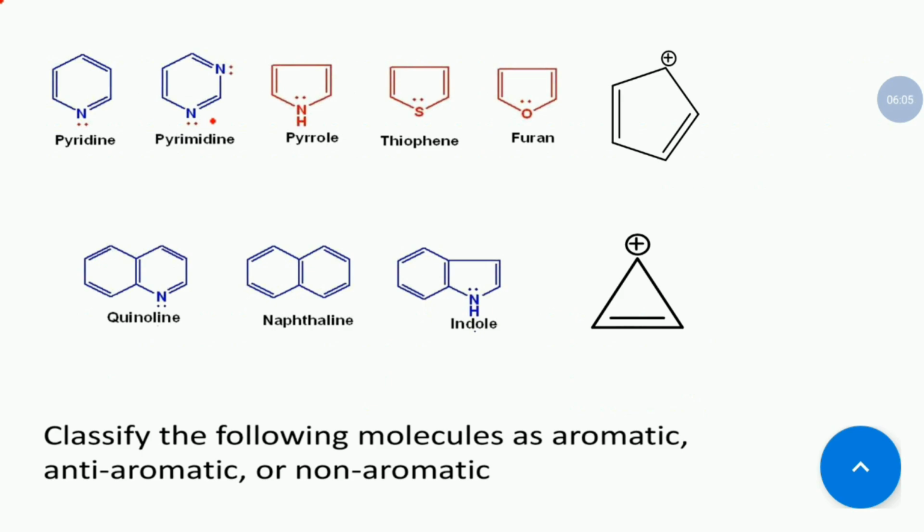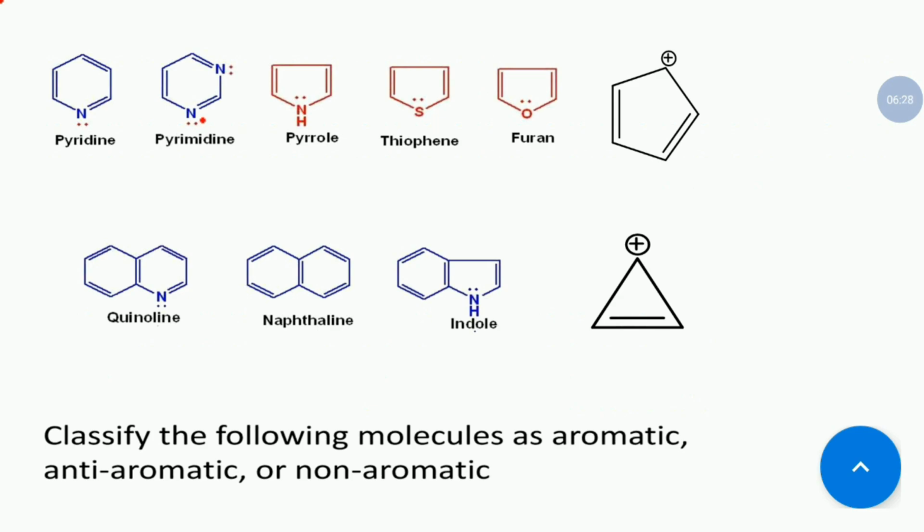if an atom, here the nitrogen atom, is directly attached to the pi bond, or you can say a double bond, and it can also have a lone pair, in that case the lone pair is not required to participate in the conjugation.